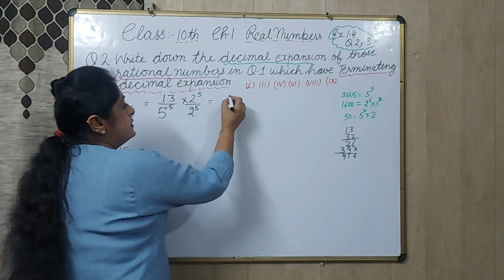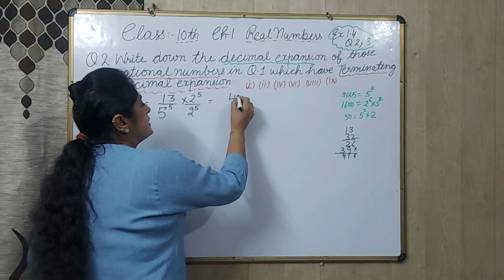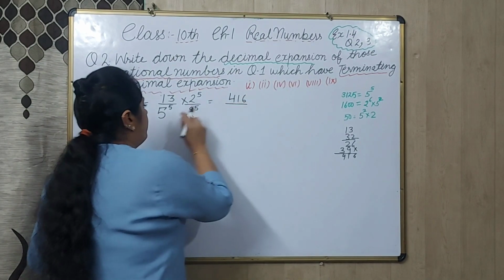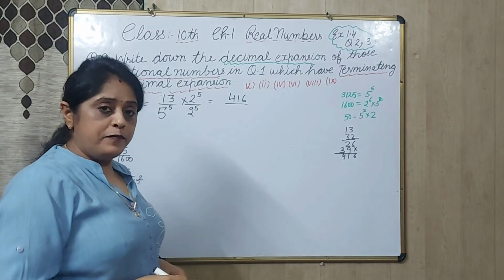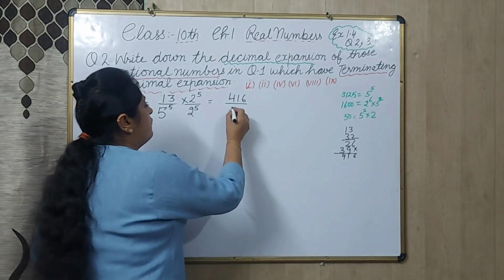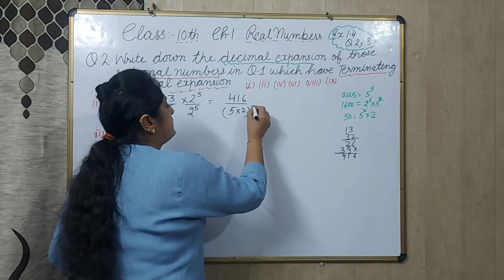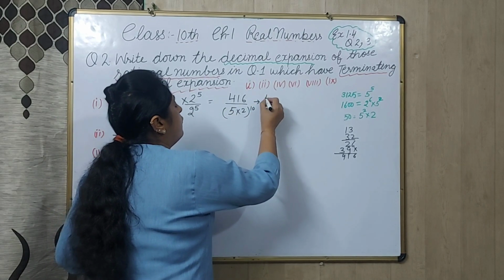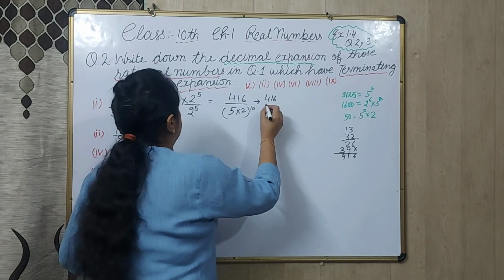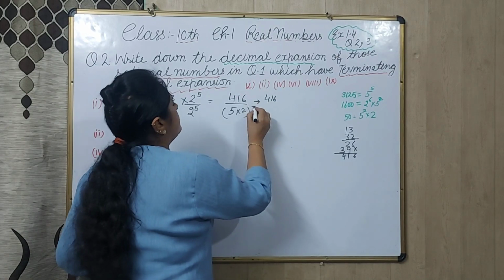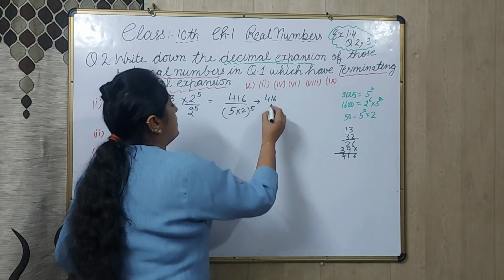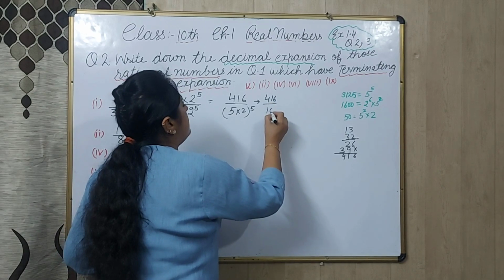So you can write 416, and 5 and 2 both have power 5. So you can write 5 multiply 2 power 5, sorry, not 2 power 10. And here 10 power 5.